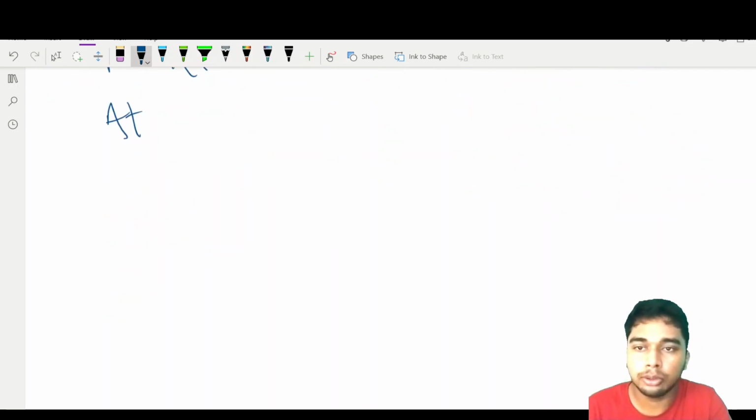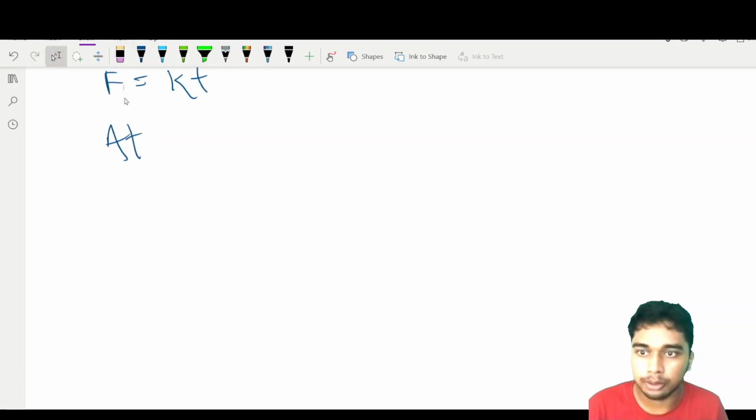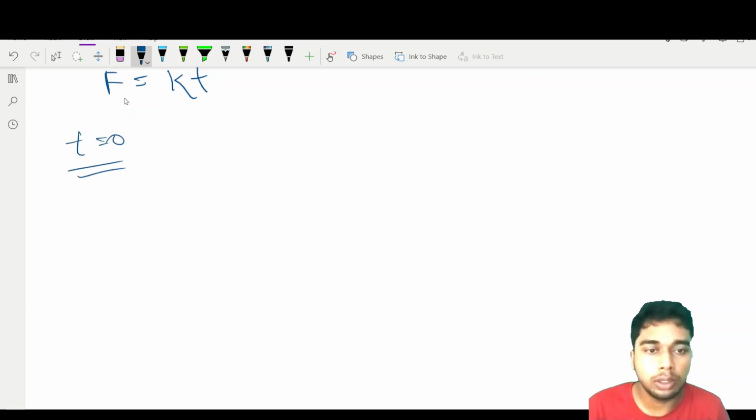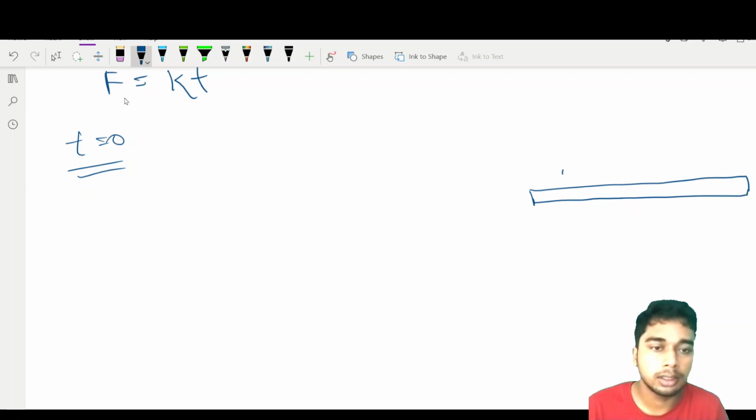Let's see what is going on inside. I consider t is equal to 0. At t is equal to 0, our plank was moving in this fashion, the body was moving with uniform velocity v.